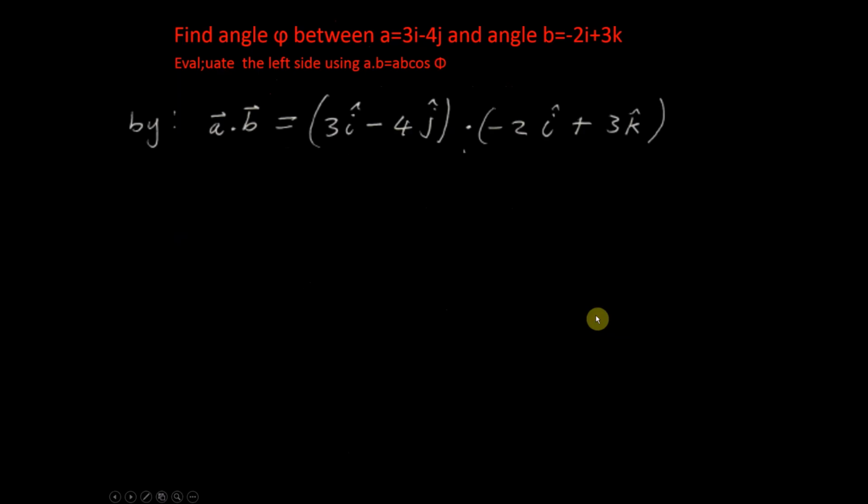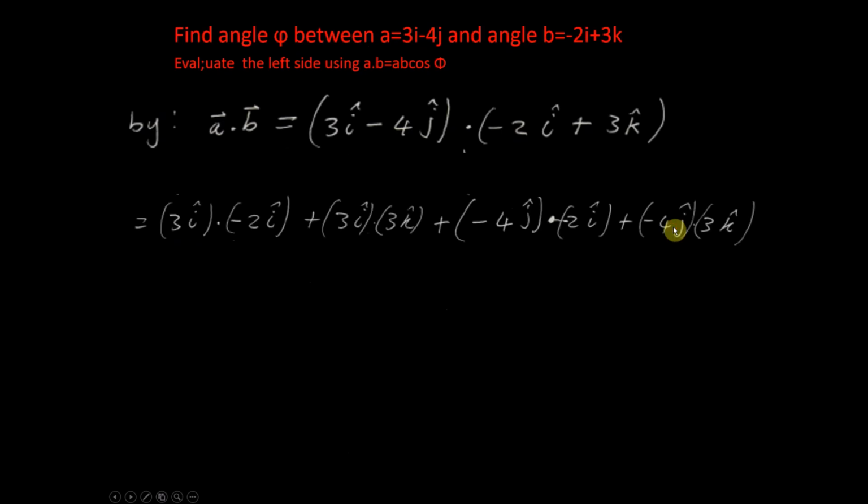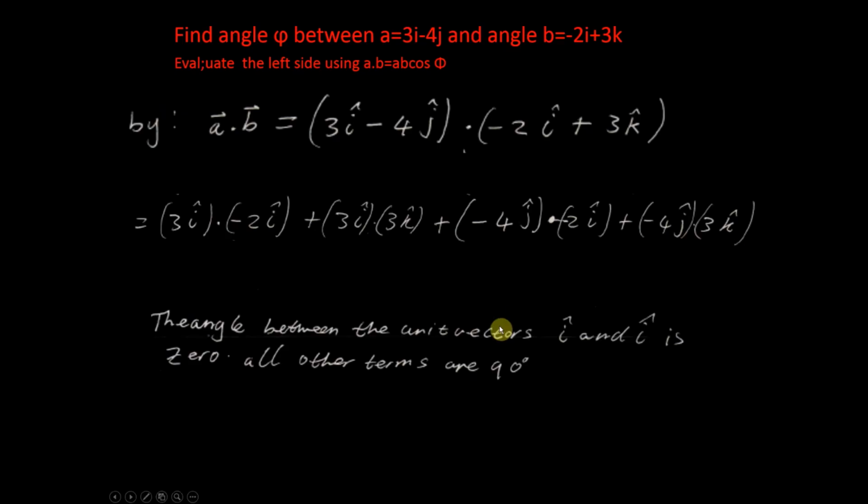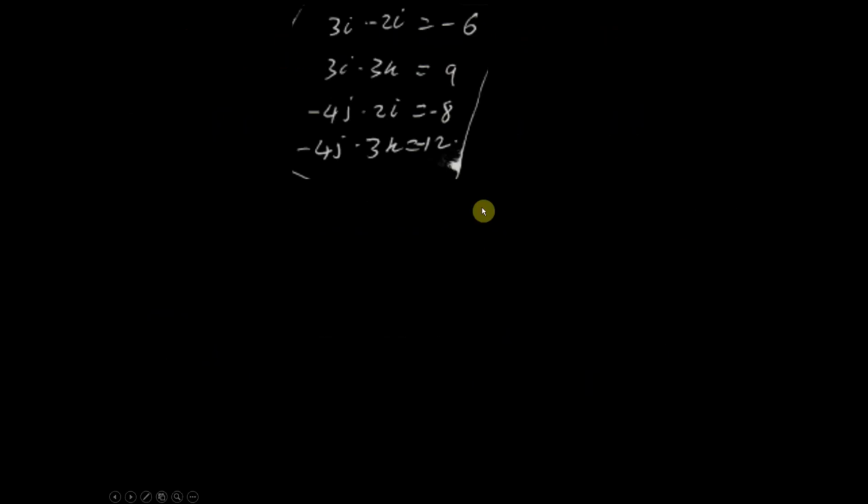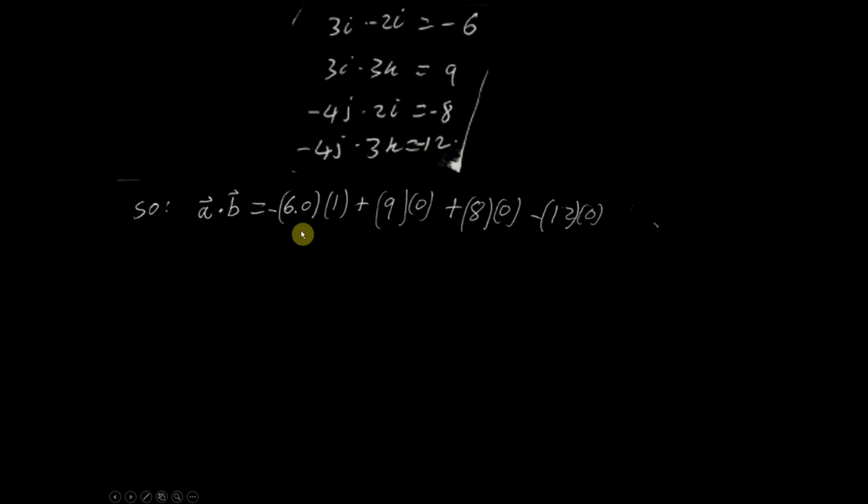Now, if we do A dot B equals 3i minus 4j dot negative 2i plus 3k, throw away the terms we don't want, we will end up with this. The angle between the unit vectors i and i is essentially 0, and all of the other terms will end up being 90. So A dot B here will end up being 6 times 1 plus 9 times 0 plus 8 times 0 minus 12 times 0.